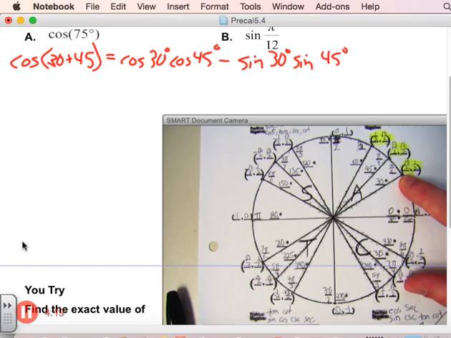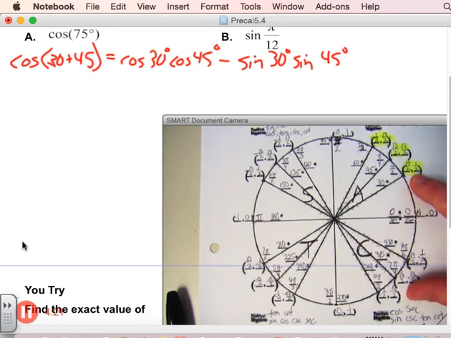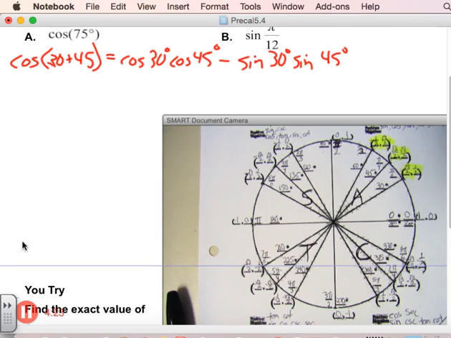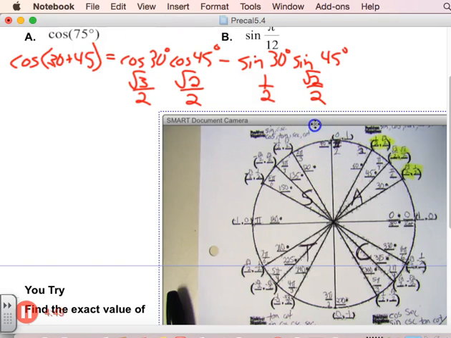And sine of 30 is 1/2, so we can plug those in. Cosine of 30 is square root of 3 over 2, and sine of 30 is 1/2. And then we can look for cosine of 45. That's going to be the square root of 2 over 2, and sine of 45 is also the square root of 2 over 2. Alright, so we plug those values in, and then from there we just multiply and simplify. Let me get this out of the way now so we got some room.